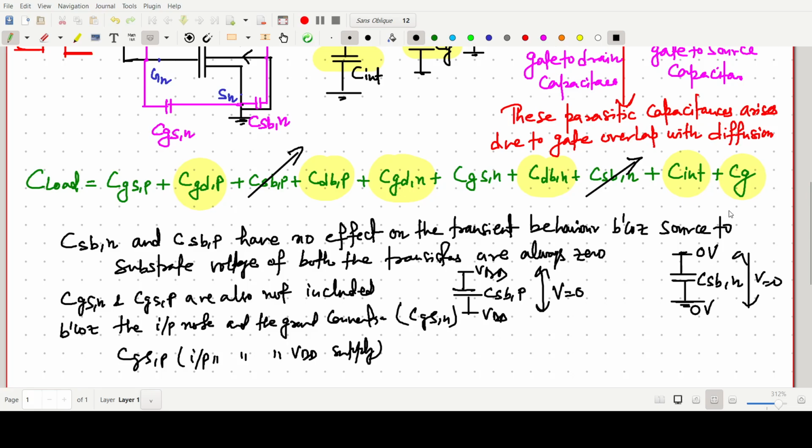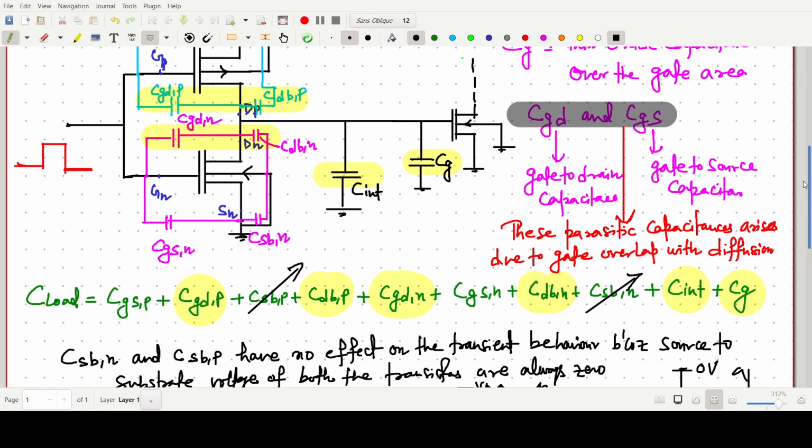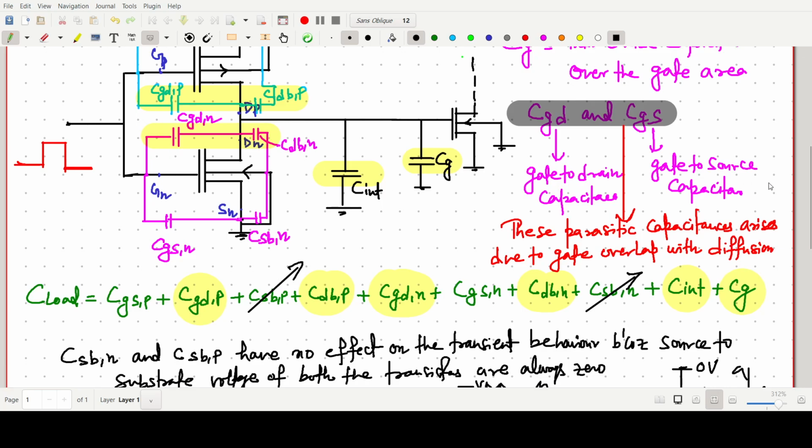So we do not consider them. Mainly the C load will be contributed by these six capacitances.